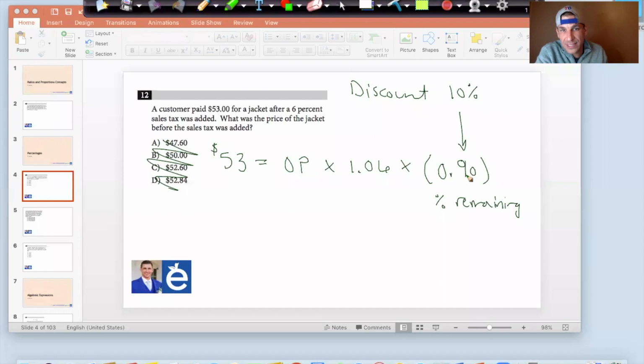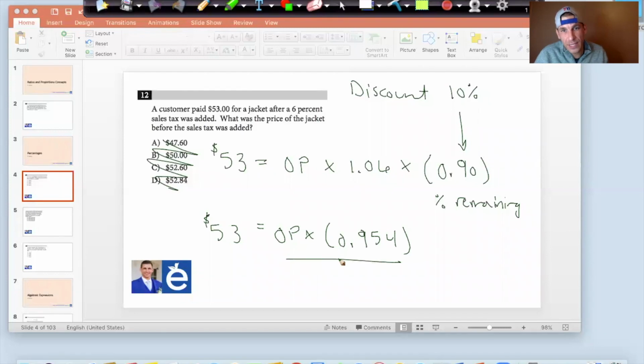If I do this now, 1.06 times 0.9 gives me 0.954, and then this equals $53.